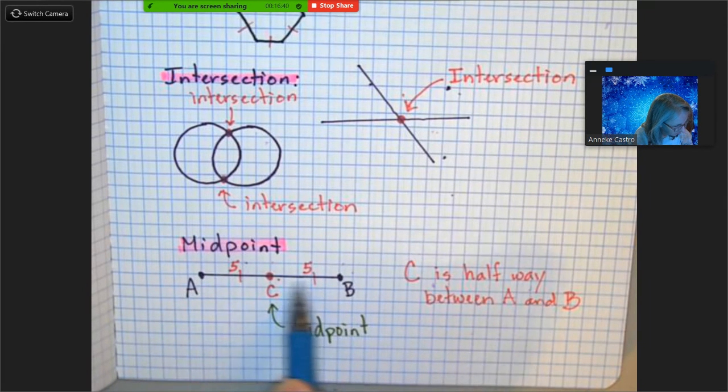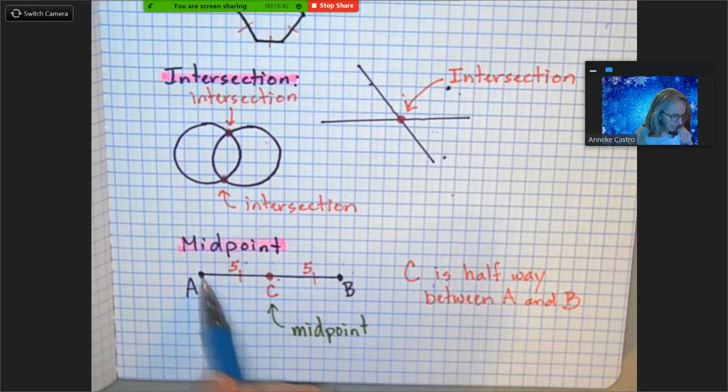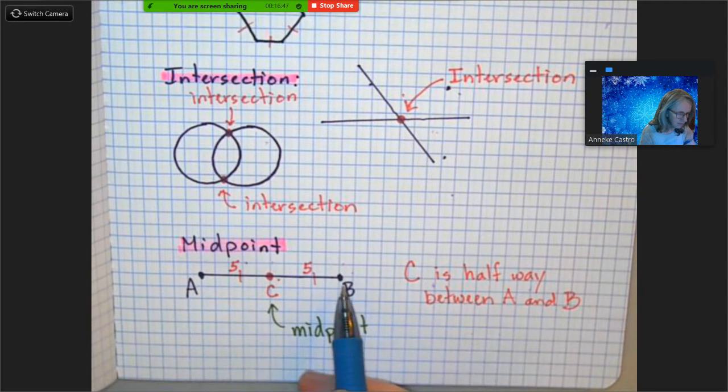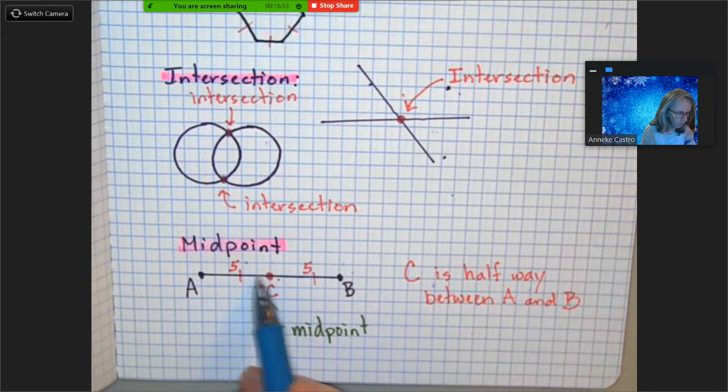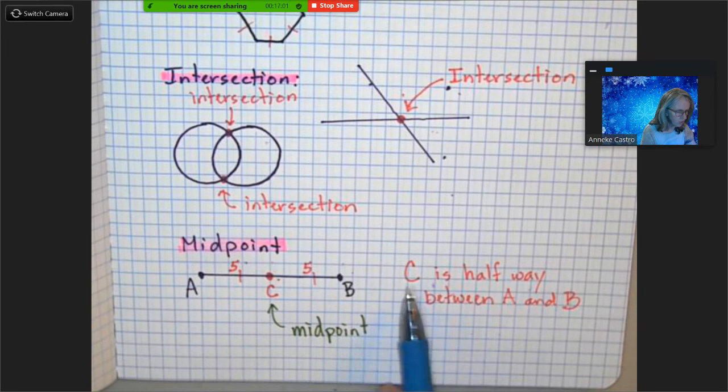There's 10 spaces here. From A to B is 10 spaces. The midpoint is halfway. So 1, 2, 3, 4, 5. And from B, 1, 2, 3, 4, 5. It's halfway. That's called the midpoint. So C is halfway between A and B. It is the midpoint.